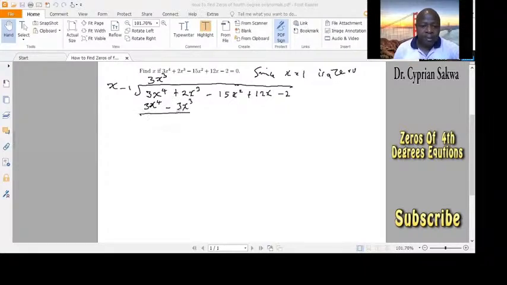Just as we do long division with the real numbers, we will subtract. So this will give us 0, and this will give us 5x raised to 3. Then as we normally do long division, we will bring this one down. So it will be negative 15x squared.